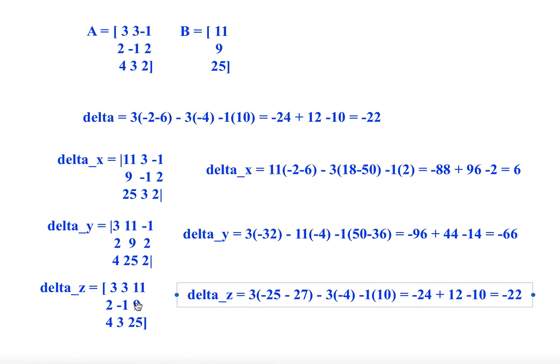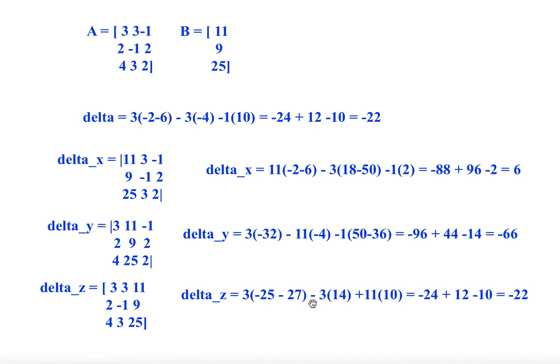Minus 25 minus 27. Again minus 3 into this is 50 minus 36. 50 minus 36 is how much? 14. Okay. Right. Next plus 11 into this is going to be plus, and that is 11. 11 into 6 plus 4, 10.